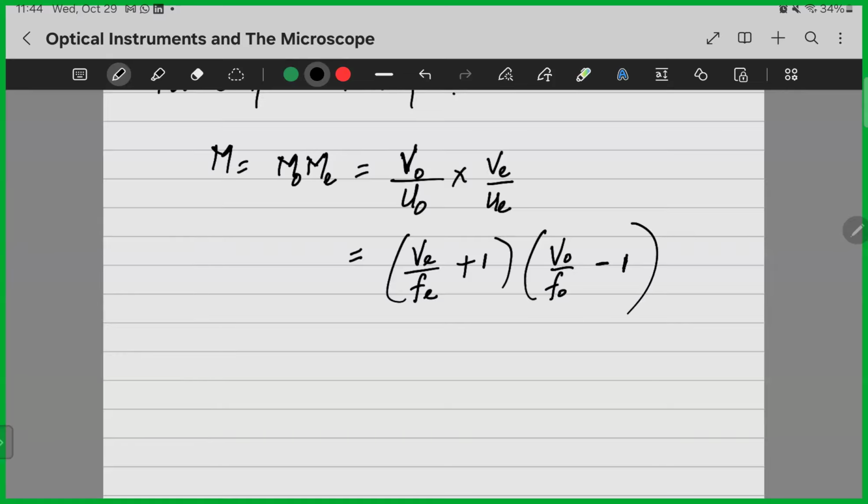A simple astronomical telescope is made up of 2 converging lenses of long and short focal lengths.